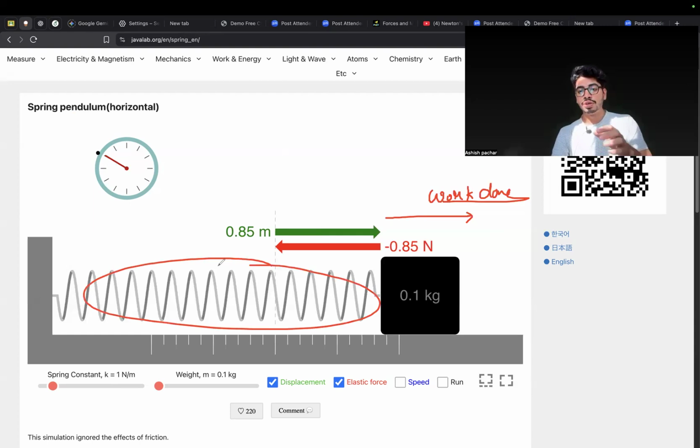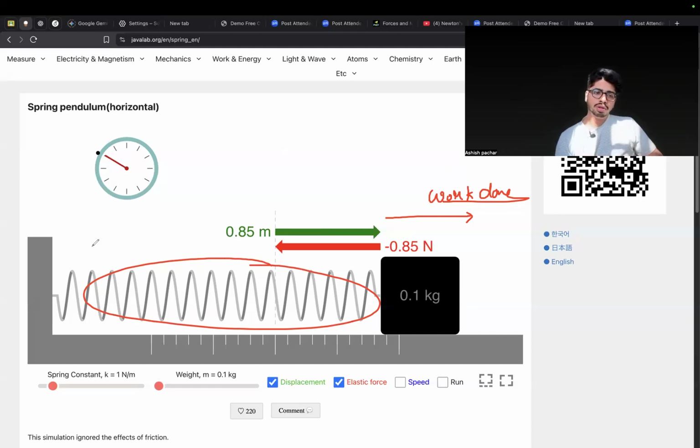Just like when you lift anything from the ground, some energy gets stored, which we call gravitational potential energy, that is mgh. In the same way, some energy gets stored, and that is the work done by me. When you apply force to lift this, you do some work, and it gets stored. And as I leave this, you can see it gets converted to kinetic energy.